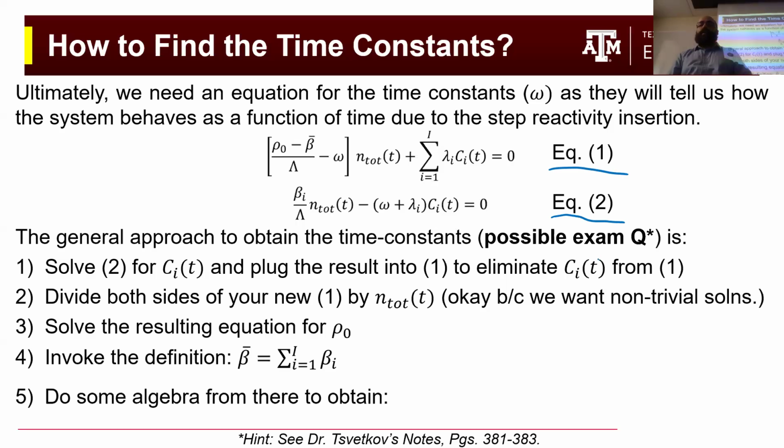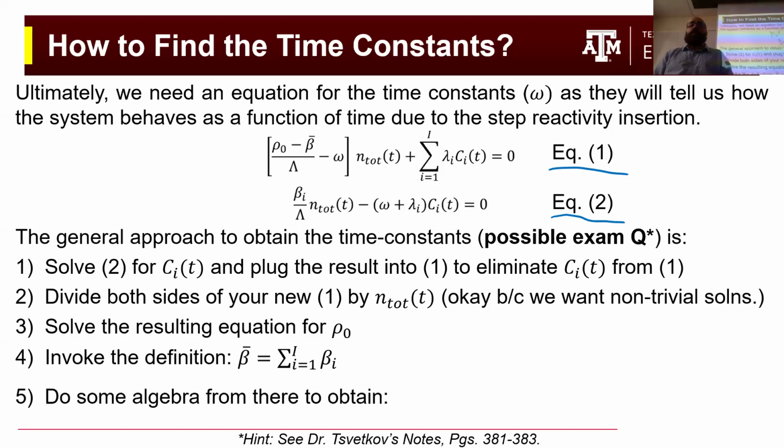And then you're going to take that Ci and plug it into equation one. That should eliminate the precursor density from equation one. Because we're looking for non-trivial solutions, we can then take equation one and divide both sides by the neutron density.